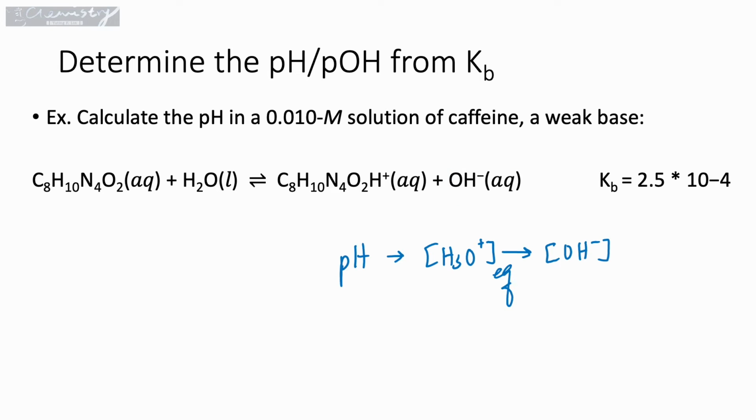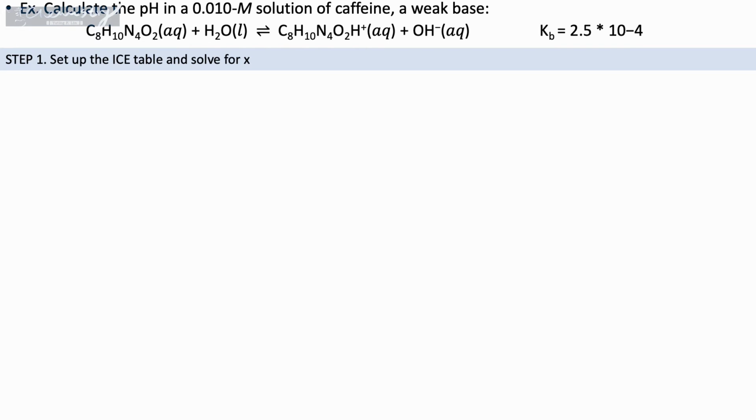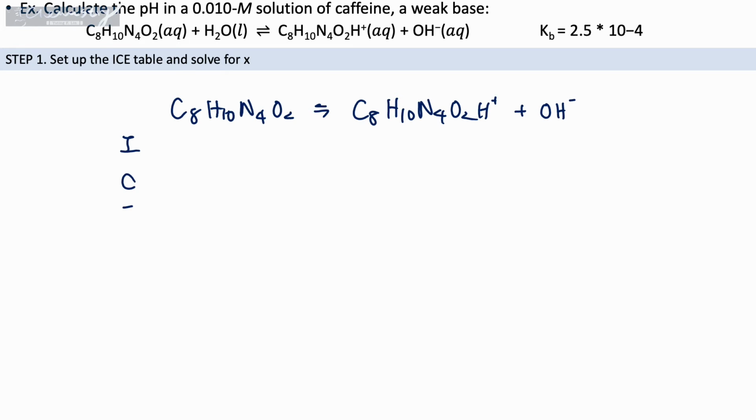So we have to first start by finding the equilibrium concentration of OH minus in order to find the pH. To do this, we will start with the ICE table. So we will write down the caffeine, omitting the water, and also the ionized caffeine, and then OH minus, and set up the ICE table.